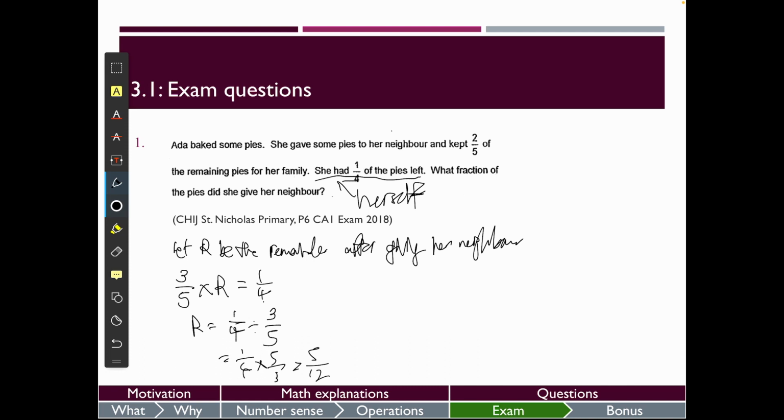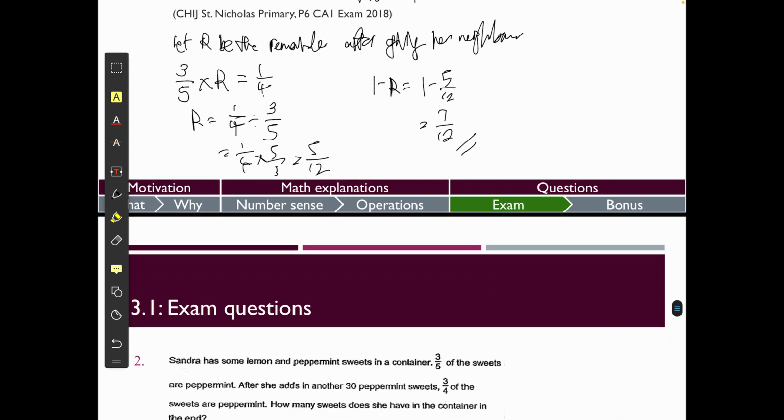So how much she gave her neighbor is 1 minus R, which is 1 minus 5/12, which is 7/12 of the fraction of the total pies. Yep, that's it. Move on.